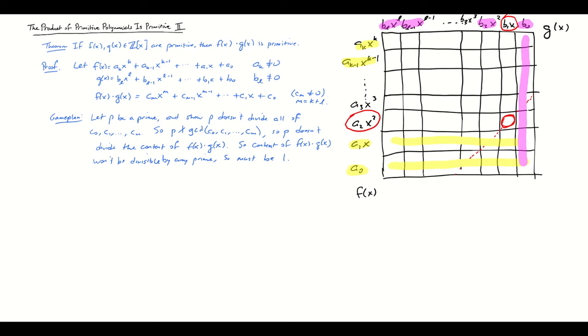Let's see if we can write some of this up in the proof. All right, switch colors here. There we go. All right, so because f of x and g of x are primitive, there is a coefficient of each that is not divisible by p.